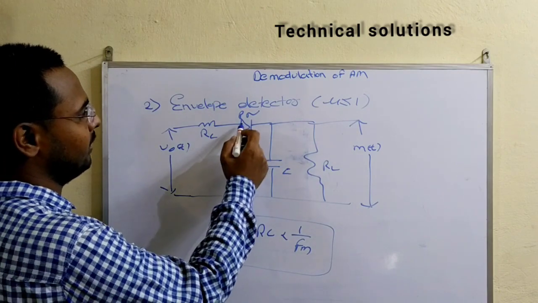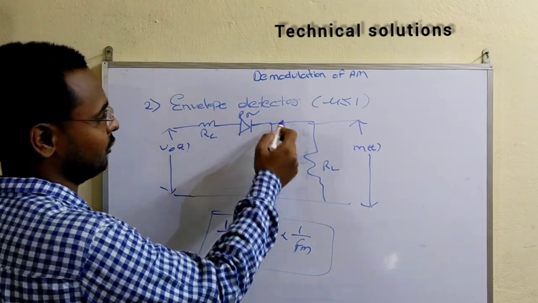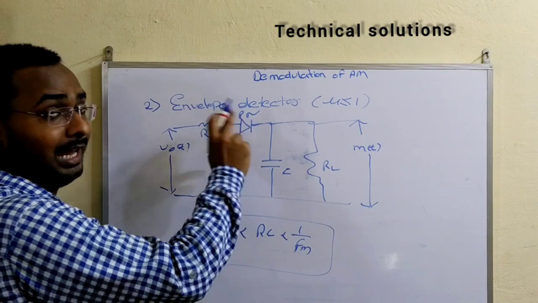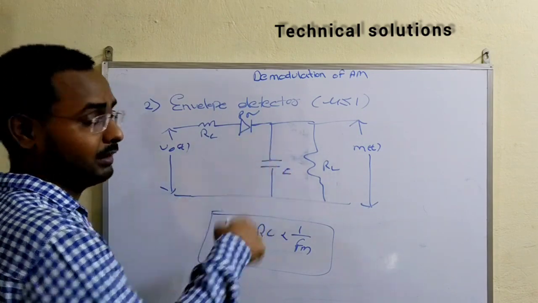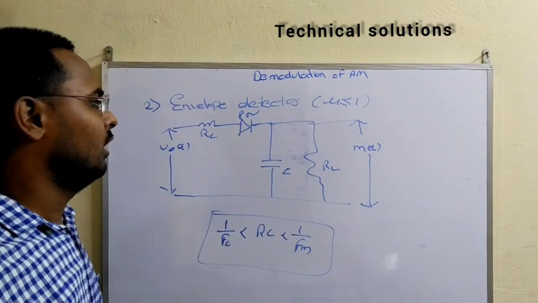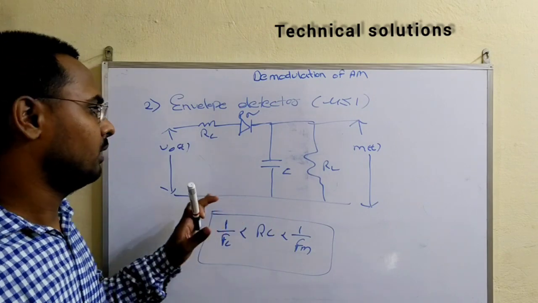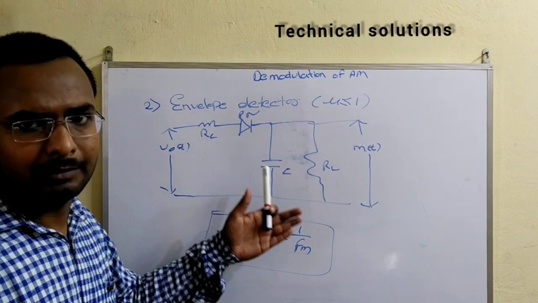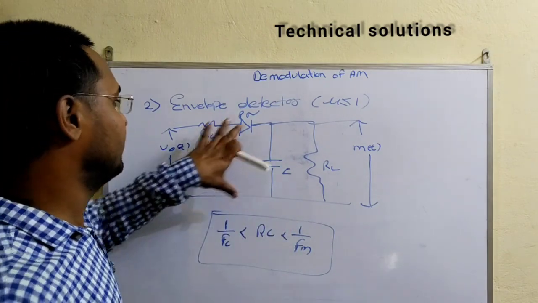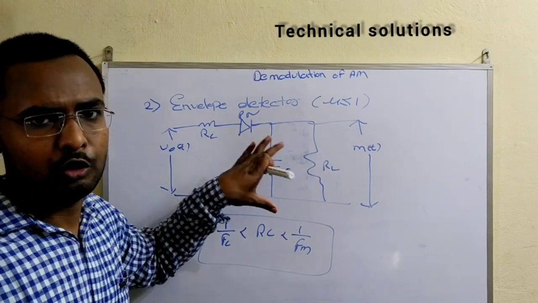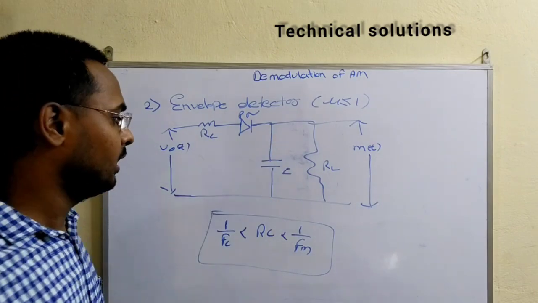When P is greater than N, the diode is forward bias and it is a short circuit. When P is less than N, the diode is reverse bias, and this is an open circuit. You can solve some expressions based on this circuit, but this is not very important.